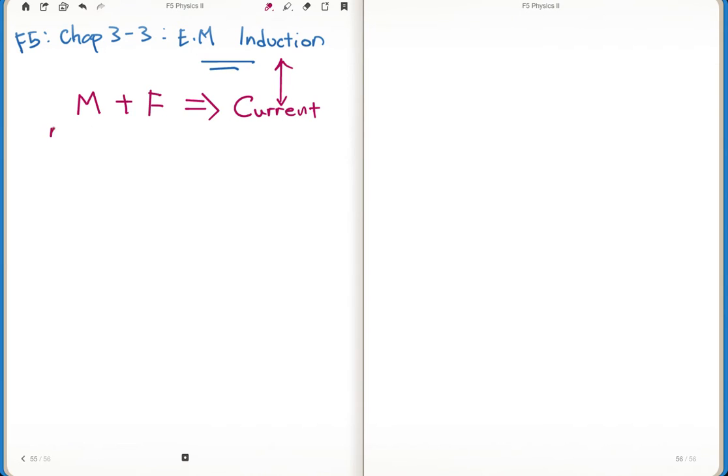You have a magnet, you add a force, you get induced current. Compare this in contrast to this.